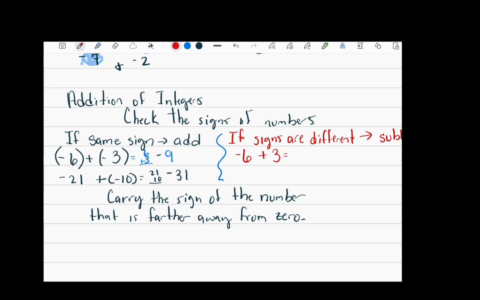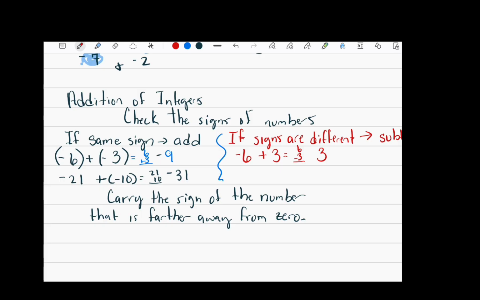The rule says check the signs of the numbers. Do I have the same sign or different signs? I got different signs. If they're different, it wants to do what? Subtract. Don't worry about negative or positive. 6 minus 3. What's 6 minus 3?